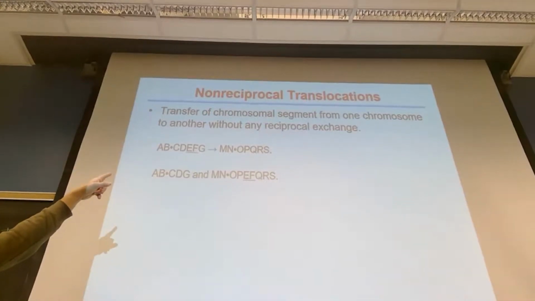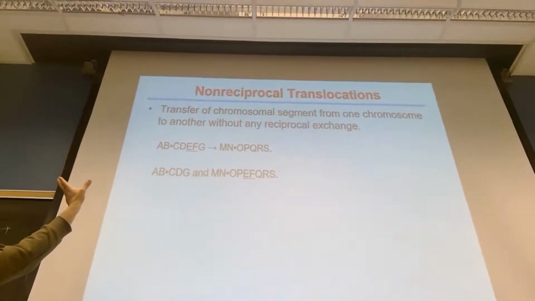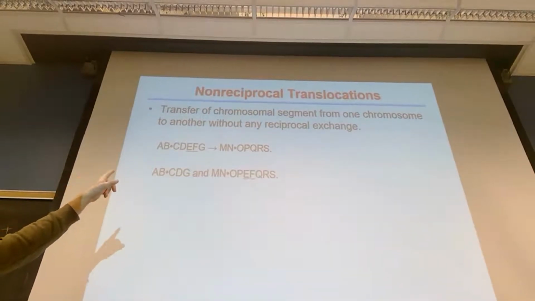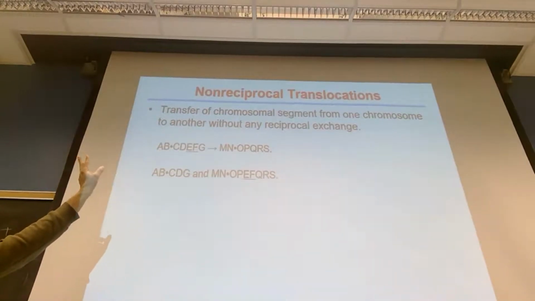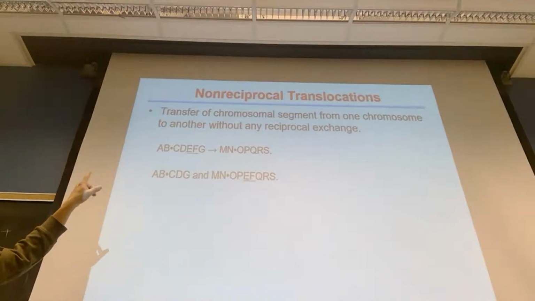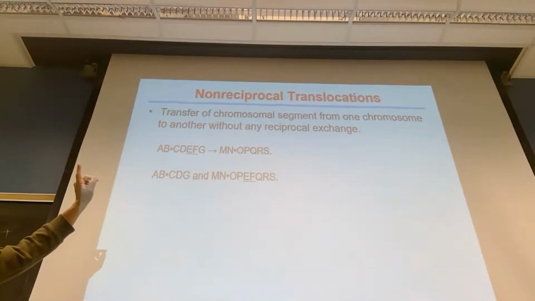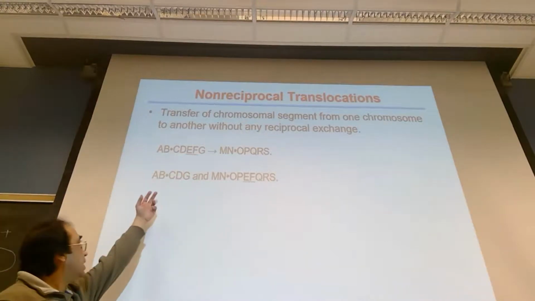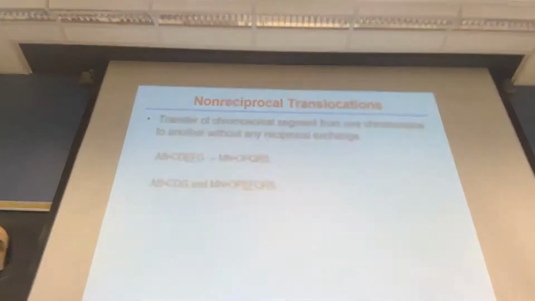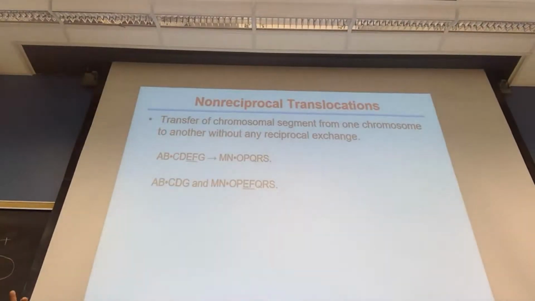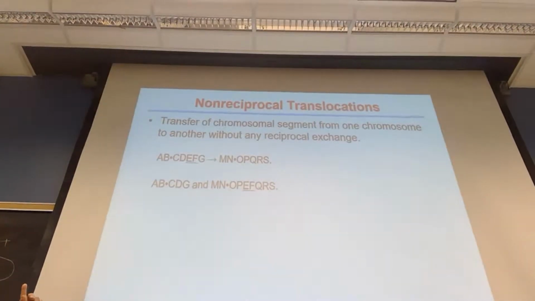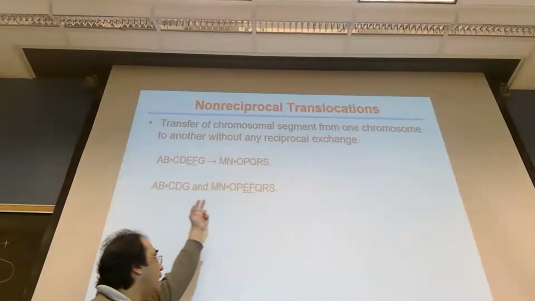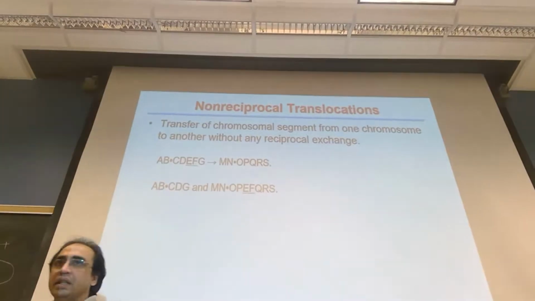So A, B, C, D, E, F, G, that is one chromosome with the centromere between A and B. M, N, O, P, Q, R, S, that is also another chromosome, and the centromere is between N and O. The EF part is translocated from this chromosome to that chromosome. Okay? So two different chromosomes, those are non-homologous chromosomes, but the part is missing from here and going to another chromosome.